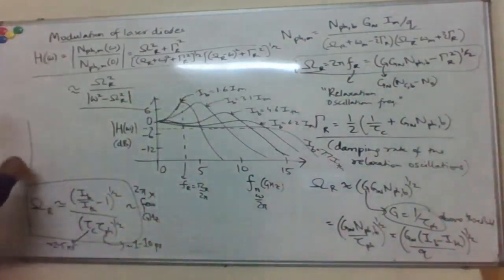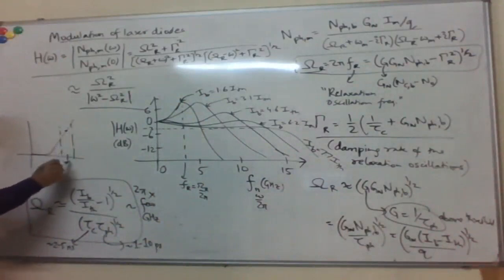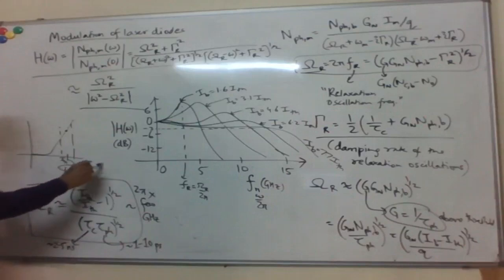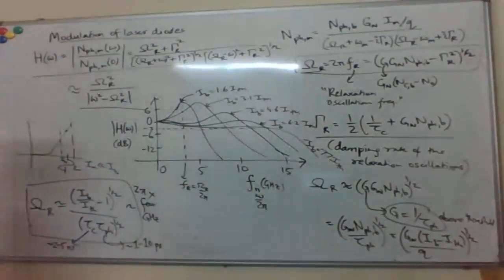Recall this is for what is known as small signal modulation. What we assumed here was that the variation in the current, IM, is much smaller than IB. You have a bias point and then you are varying a small amount about it.